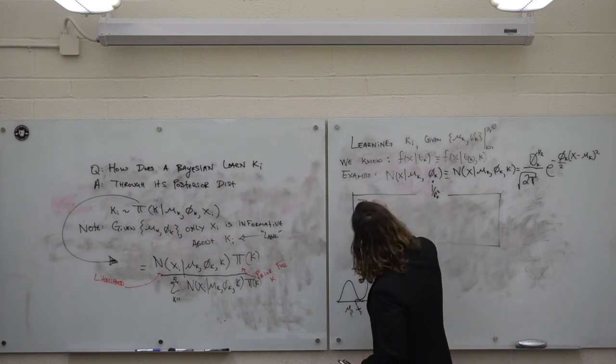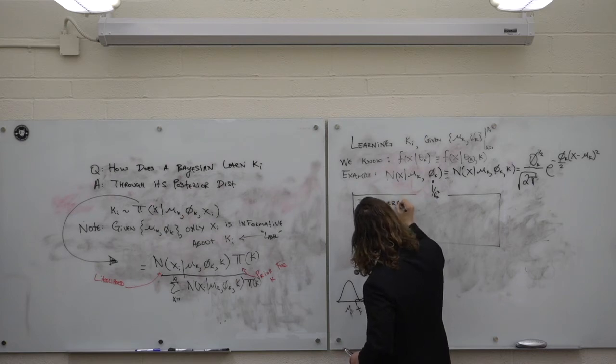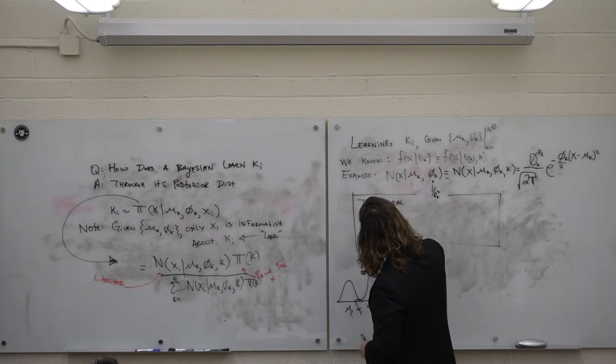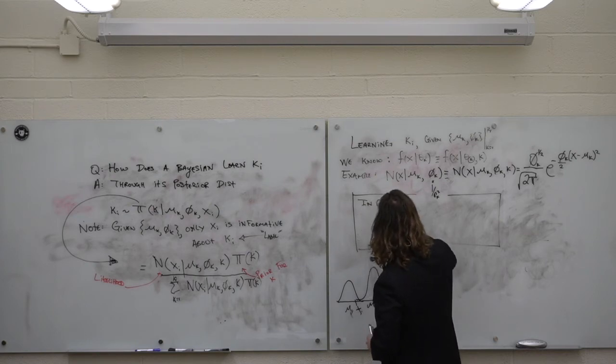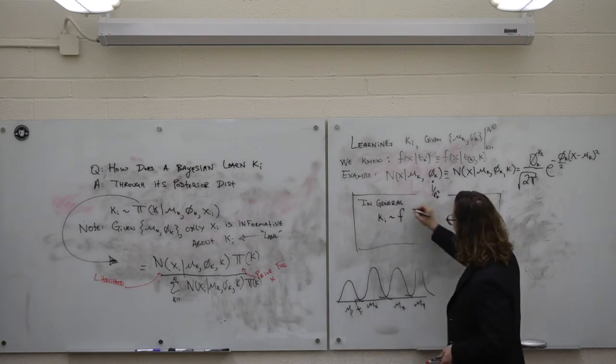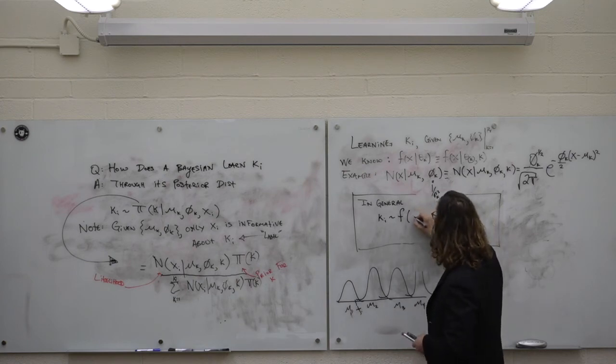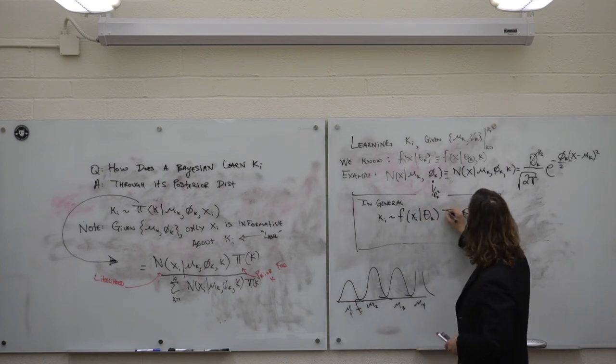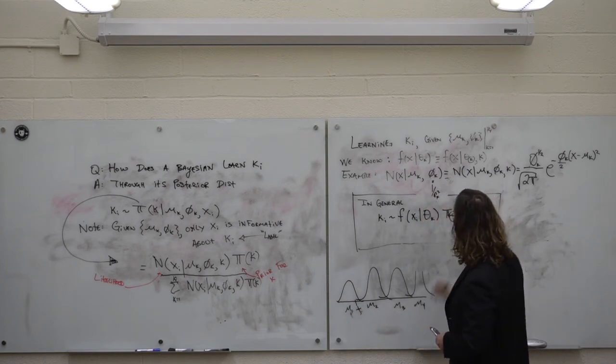So in general, I would take Ki, and I would take it from whatever my sampling density was, f, xi, I would plug that thing in, I would have my parameters, theta k, and then I need a prior probability on k.